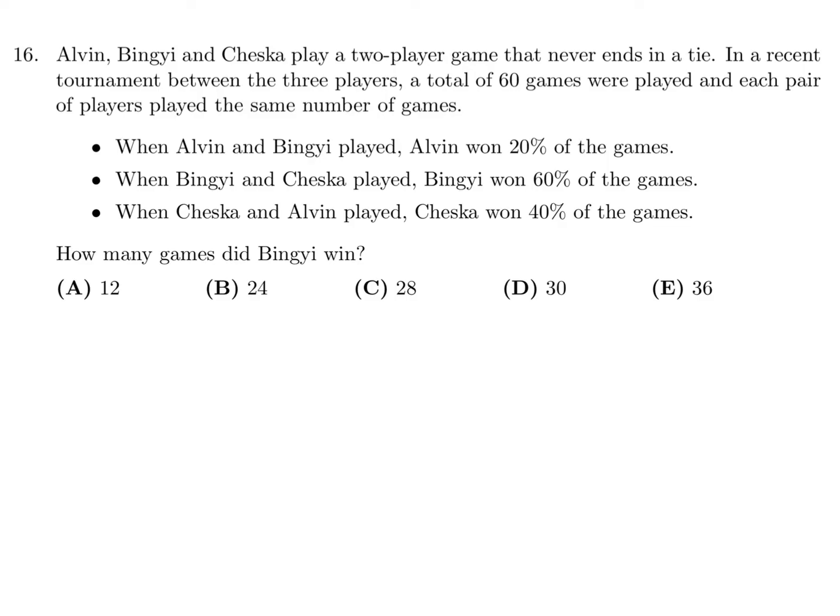Okay. Well, each of them played the same number of games. So Alvin, Bingy, and Cheska each played 20 games. Now, when Alvin and Bingy played, Alvin won 20% of the games.